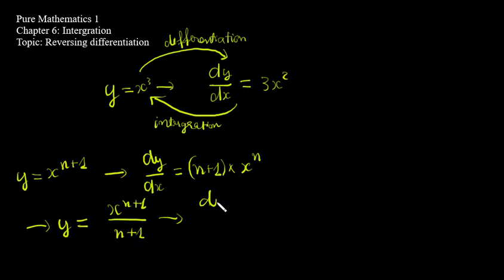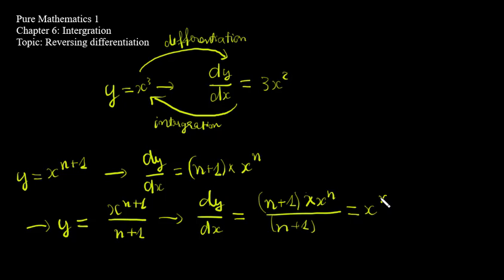When we differentiate it, because n plus 1 is a number, not a term, let's say n is 3 or something like that, so please don't confuse between them. Because n plus 1 is a constant, we have n plus 1 multiplied by x to the power n over n plus 1, which equals x to the power n.